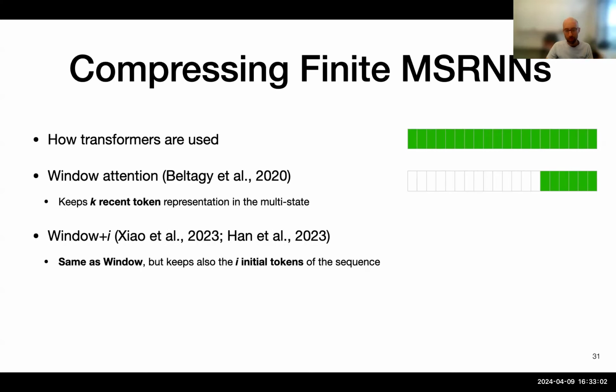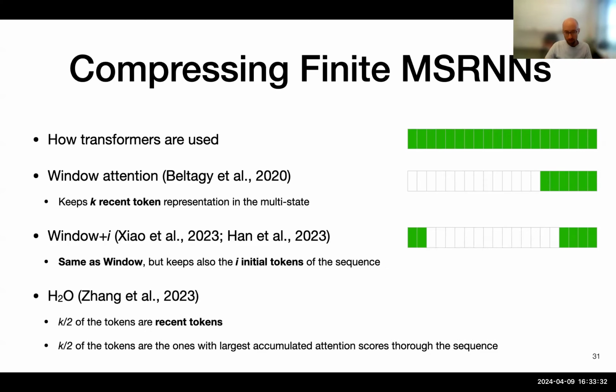Now, another way of doing this, which works much better than window attention, is what we call window plus I. This is the same as window, but also keeping the I initial tokens of the sequence. For some reason, this is very important for an LLM transformer, and allocating your budget such that you always keep the first between 1 and 4 tokens, and the rest you allocate to the last part, works much better than this window variant.